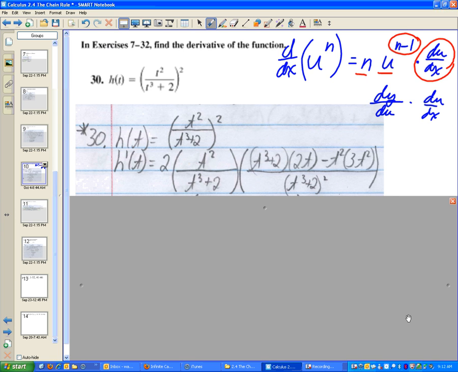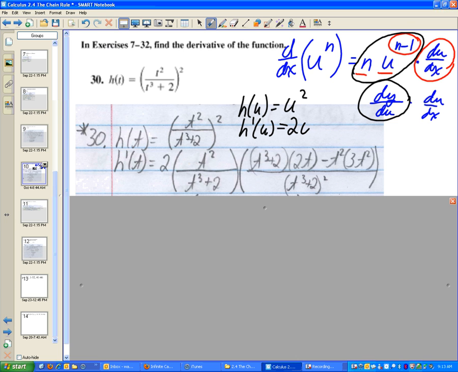Can you see that that is that? Let me show you how it is. If h of t, well, it'd be h of u, was just u to the second, wouldn't its derivative be 2u to the 1?